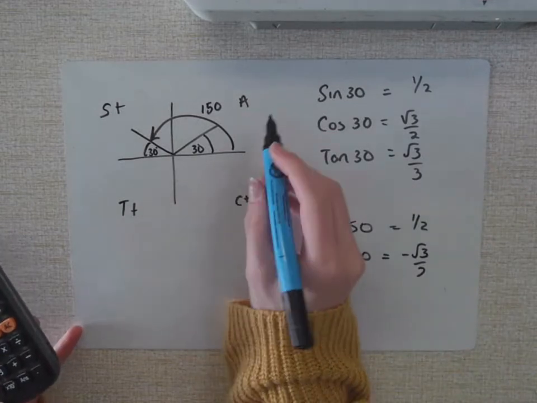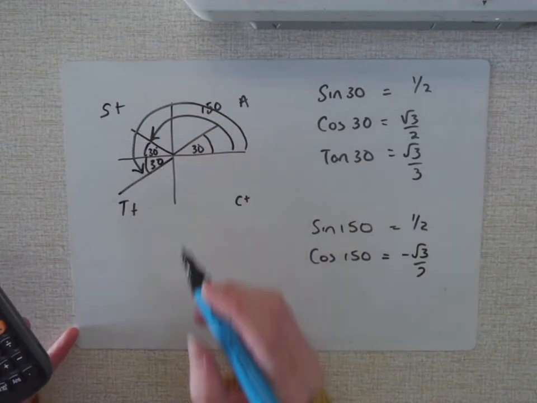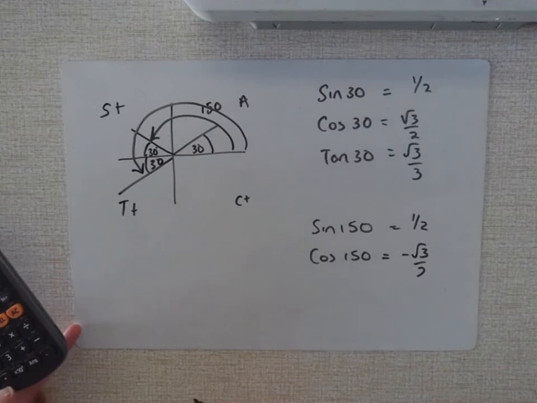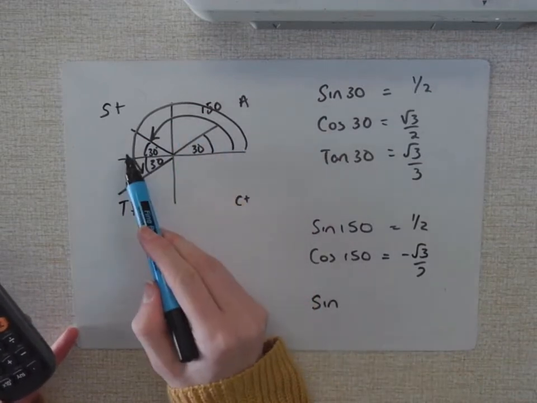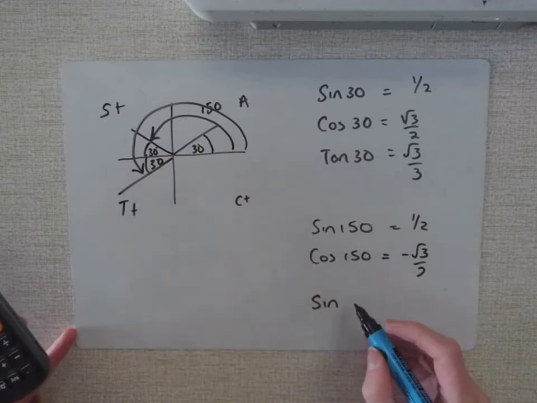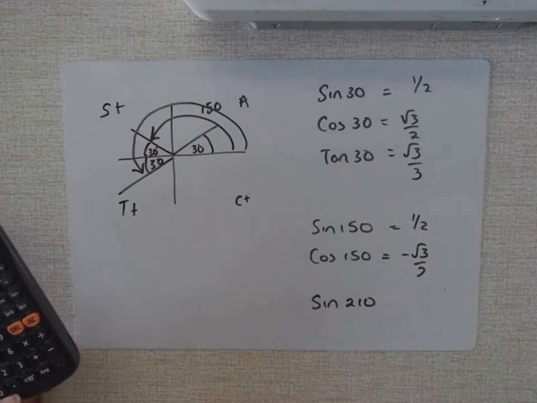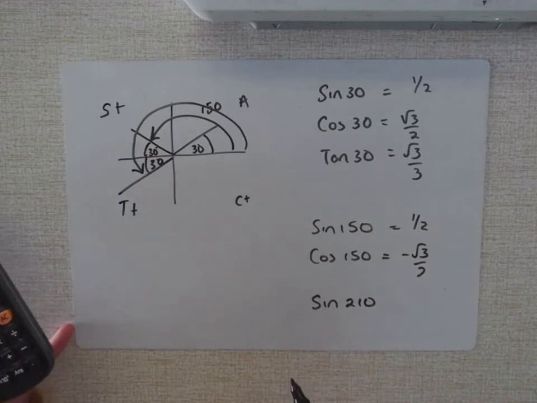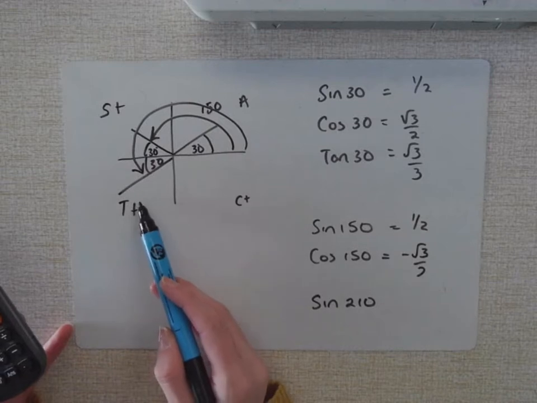Okay, what about down here? So my 30 is in there. So the question might be sine of 180 plus 30. So the question is sine of 210. What is sine of 210? Well, I know that is sine of 30 in this quadrant.